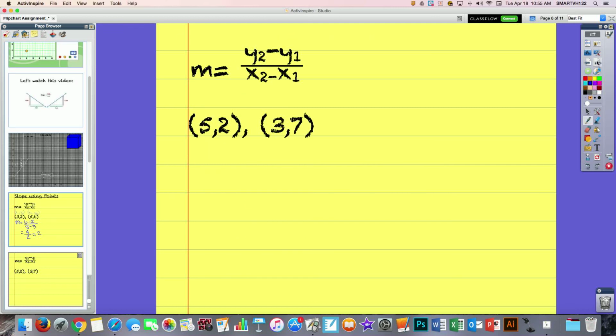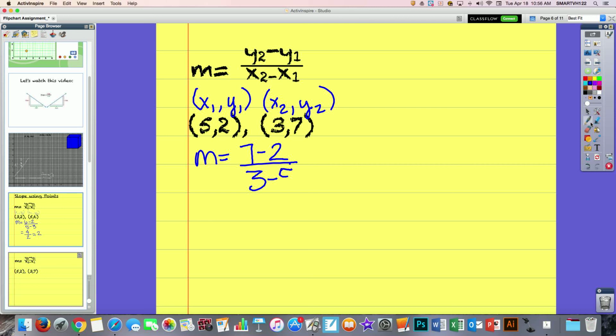So let's do another one. So we've got our x1, y1, and x2 and y2. So we've got m equals y2, which is 7, minus y1, which is 2, over x2, which is 3 minus 5.